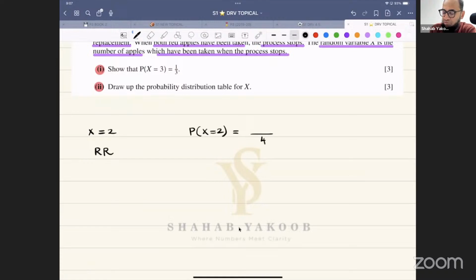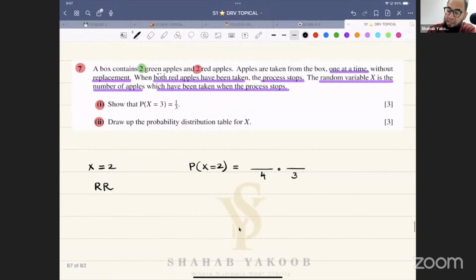A total of 4 is there. It's without replacement, so this decreases to 3. Now the focus is on the denominator, then focus on the numerator. Now they both are red apples. How many red apples are there altogether? That is any one of the 2, then any one of the 1. Just write it. Do not be in a hurry. Do not oversimplify, nothing like that.